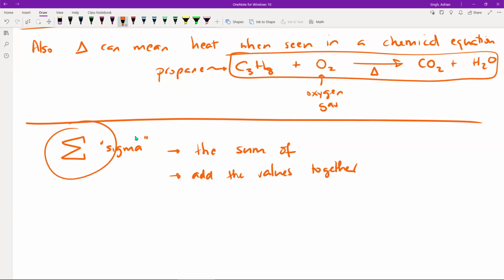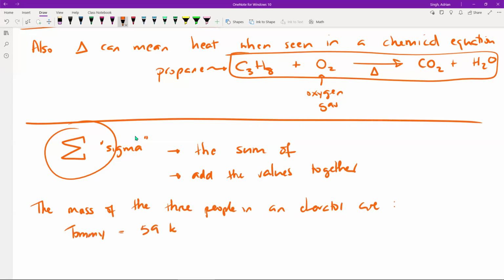So for example, let's say we wanted to find the mass of three people in an elevator. We have Tommy, who is 59 kilograms.